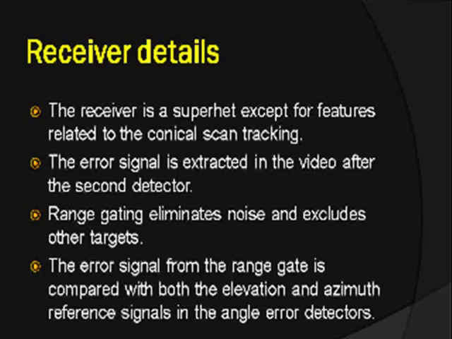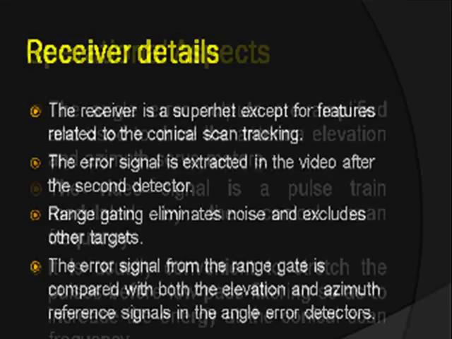So, range gating eliminates noise, and the range information is obtained from the sum channel output of the antenna. These can be used as a reference so that azimuth and elevation angle information can be obtained by comparing the received signals with the sum signal in the error detectors.